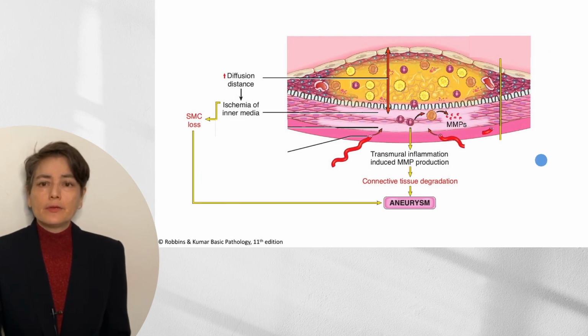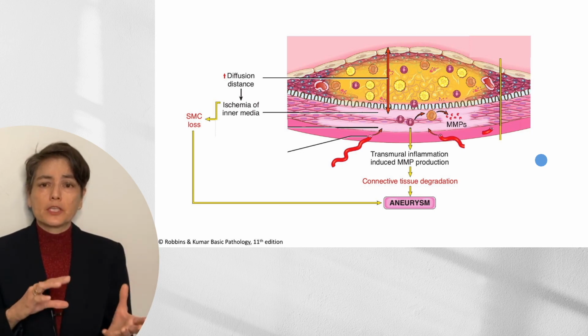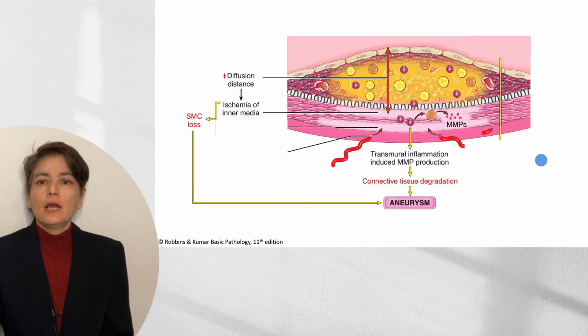So this is an image that comes from Pathologic Basis of Disease that covers aneurysms in general, and it's a great figure which I have clipped and covered up so as not to distract you. But just to keep in mind, aneurysms can occur due to vessel weakening through aberrant TGF-beta signaling, so we see that in Marfan syndrome.